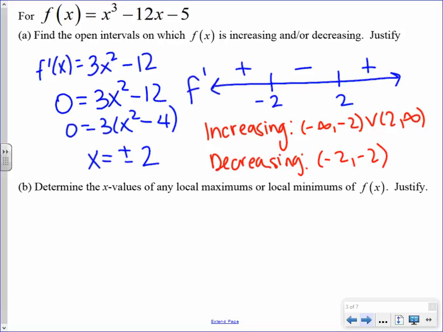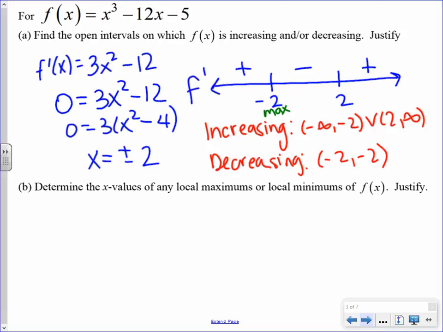The only time a relative extrema will occur is when there is a change in the derivative. So here at -2, there is a change. It's changing from positive to negative. What's happening at -2? There is a maximum.